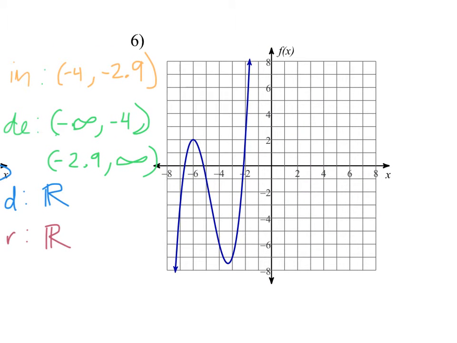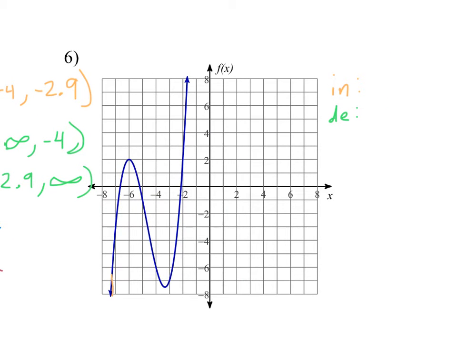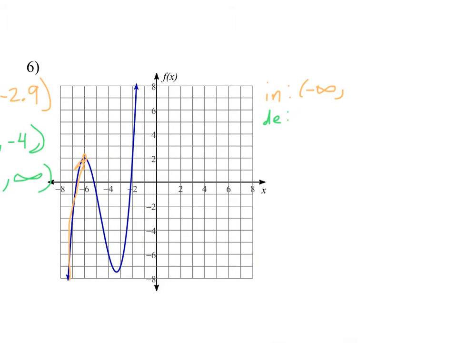All right, let's look at 6. So here our graph starts off increasing until we reach x is equal to negative 6. So we start with negative infinity, and then it stops at negative 6.